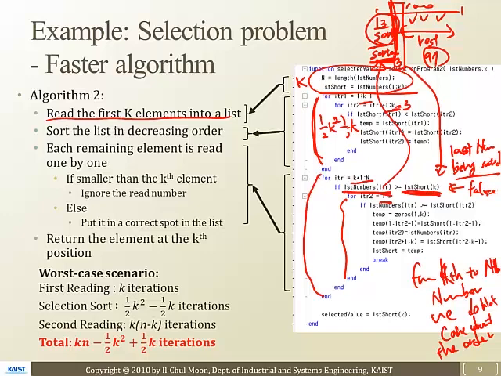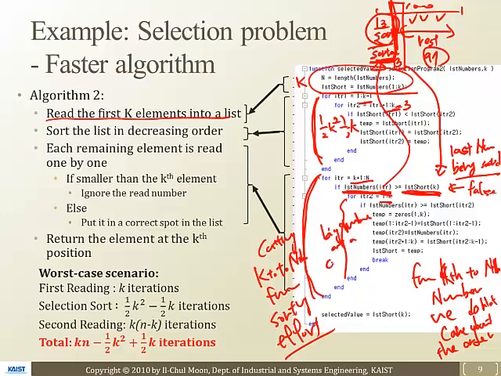So what this for loop does is cutting the k to n's sorting effort, right? That is happening in the third part of this algorithm. And if it is bigger, there is a possibility, a certainty that a certain number is bigger than the current k-th number, we are going to put that big number at a certain place.